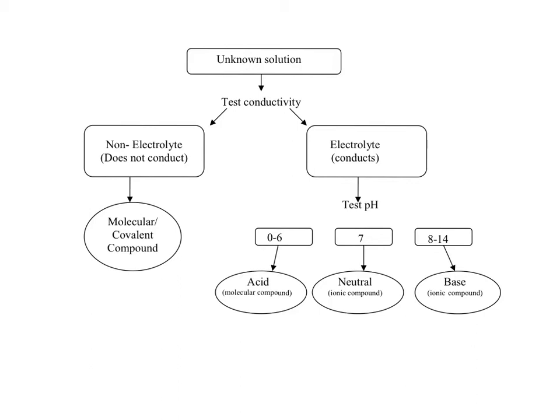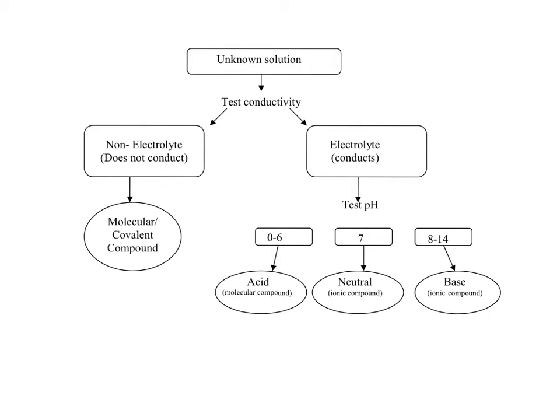So if you test a solution and it doesn't conduct, then you know it's a molecular or covalent compound. If it does conduct electricity, then you have to do one more test and test the pH. If it's below 7, it's acidic. If it is 7, it's neutral, so it's an ionic compound. And if it's above 7, it's basic.